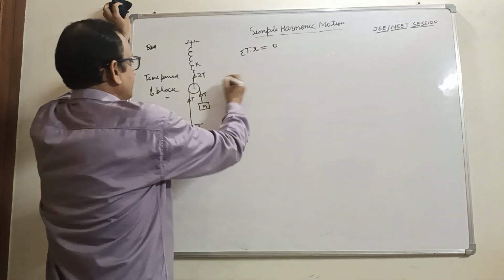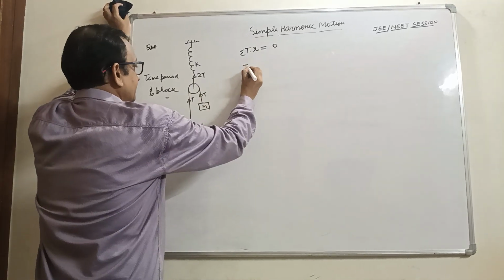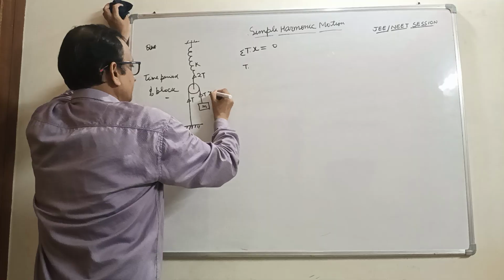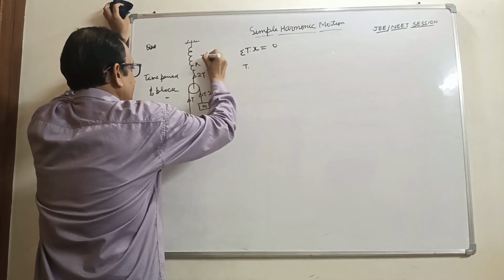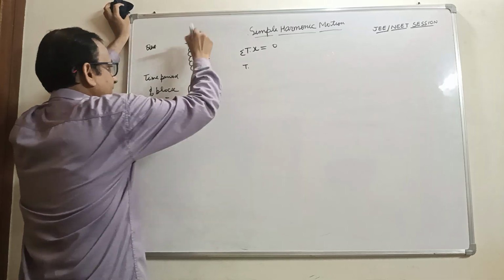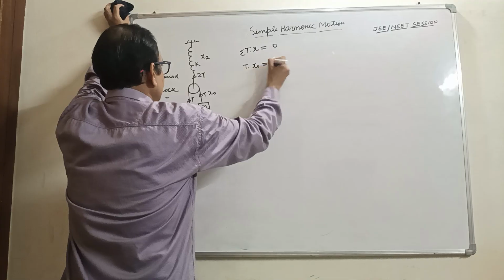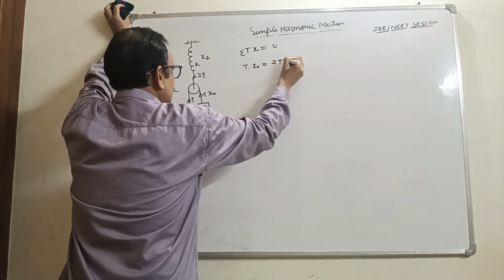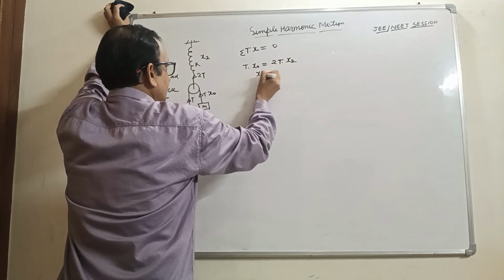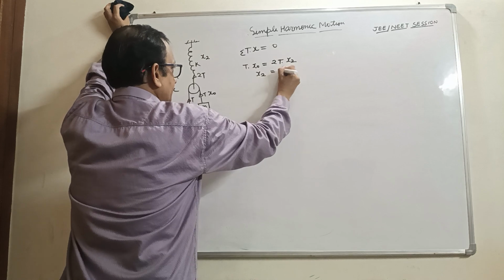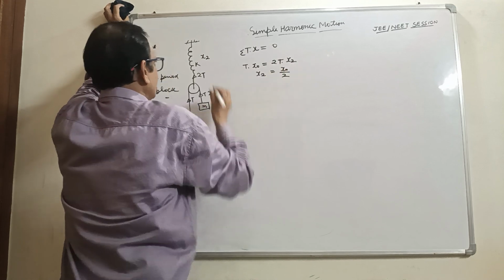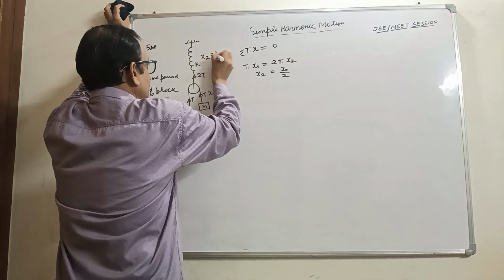For the mass the tension is T, and suppose the displacement is x2, and we have to find x2 for this extension. So T into x naught would be 2T into x2. So x2 becomes x naught by 2.